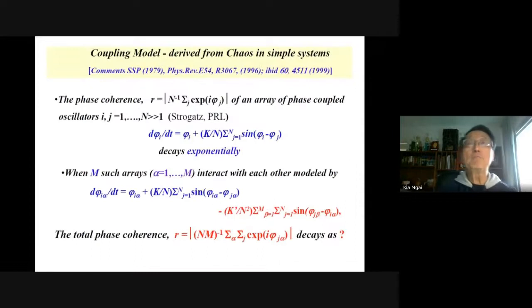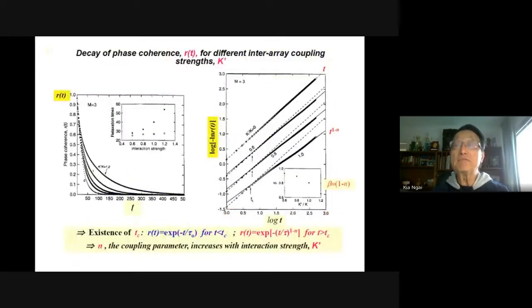So I'm not going through this real graph. I want to tell you that there are standard models of chaos, like this one I show by Strogatz, and we generalize it to interacting many bodies on the bottom. On the bottom, you see the red one, we couple many together and you get exactly the result I found in '79. You see it on the left or the right, either linear or double log.